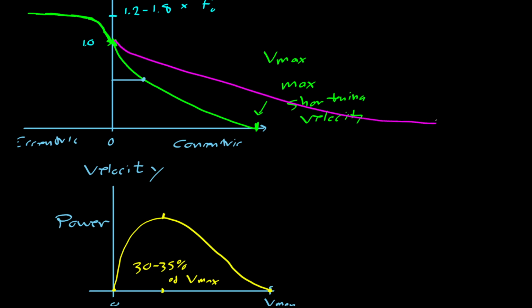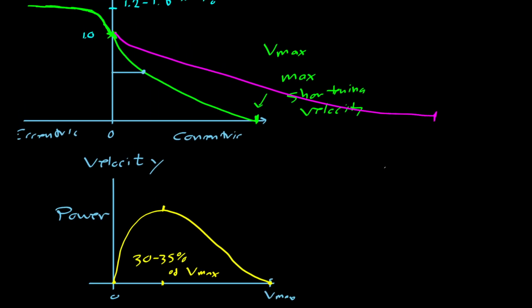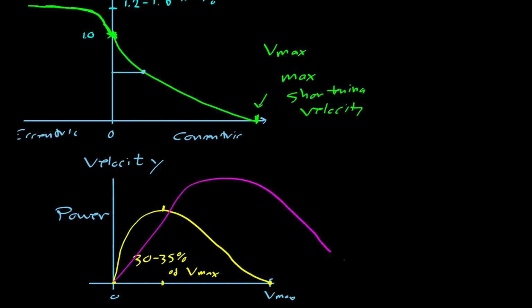So its Vmax would be higher, which suggests that the maximum power for a fast twitch muscle would occur at a greater absolute velocity. But it would still be 30 to 35% of Vmax. It's just that Vmax would be bigger for the fast twitch muscle, right? So it'd be something like this.